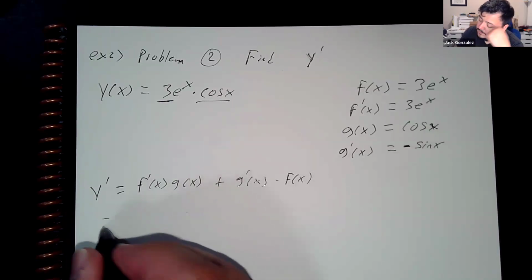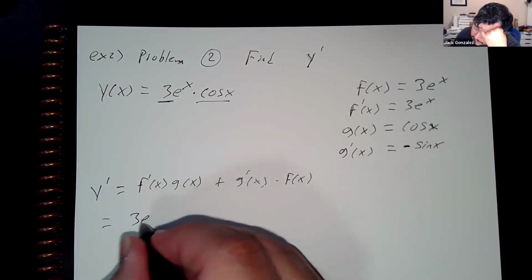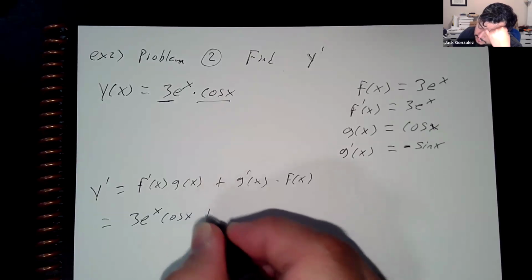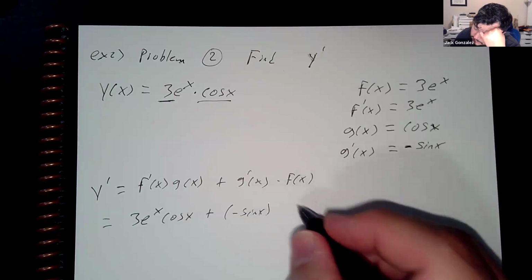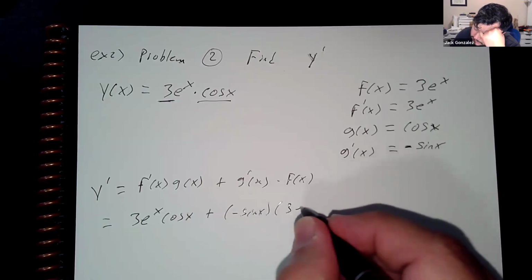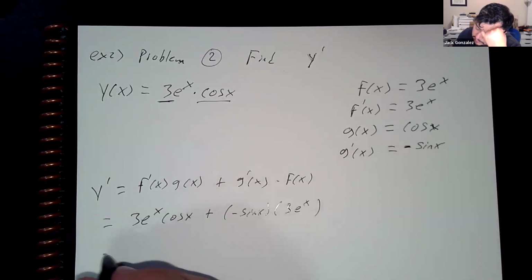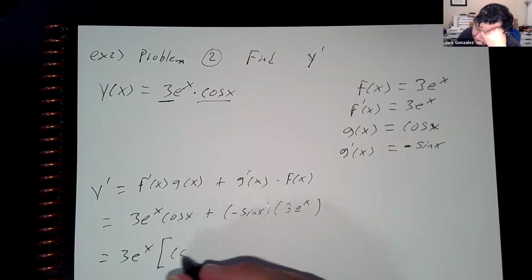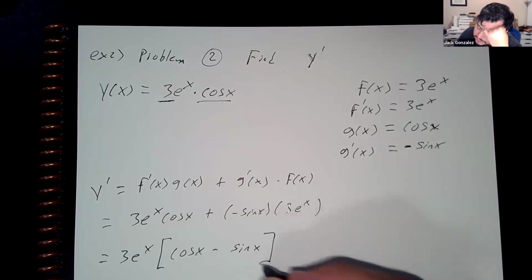Let's just plug it in and we're done. Might have to do some algebra, but here we go. 3e to the x times cosine plus negative sine x times 3e to the x. Now we could technically factor this, right? I'd say this is the pretty back of the book answer.